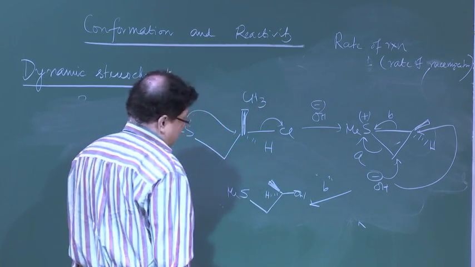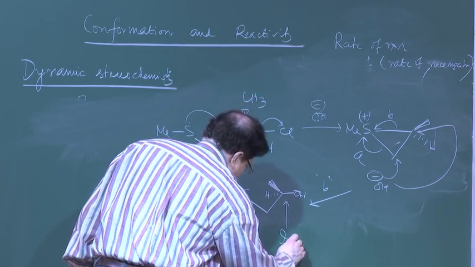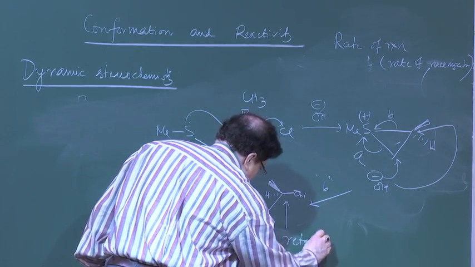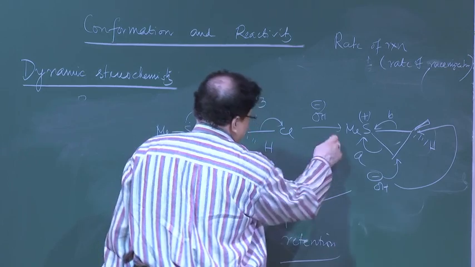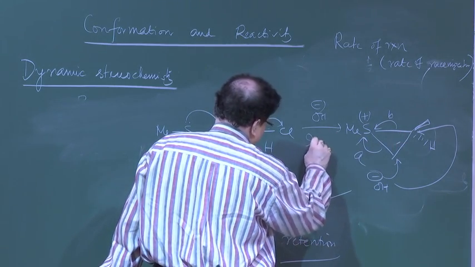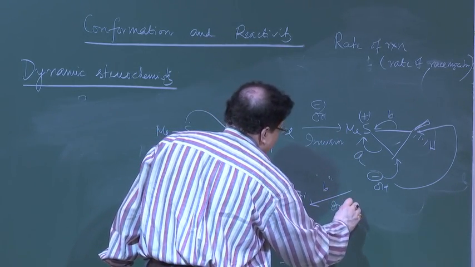So this is the product in path B. Sorry, it is a retention of configuration, because it has undergone two inversions. One is here when this attacked, so one inversion here and then another inversion here. So overall this is retention.